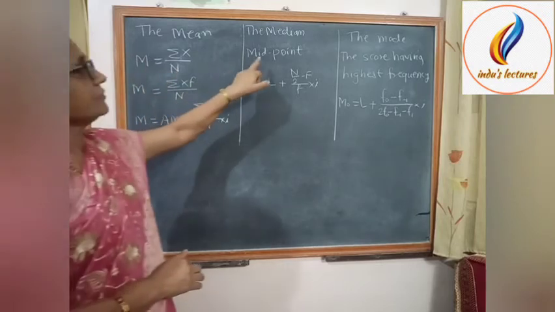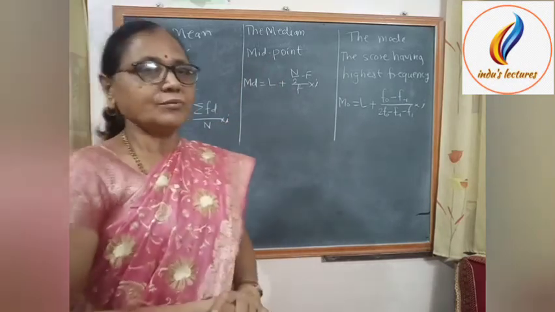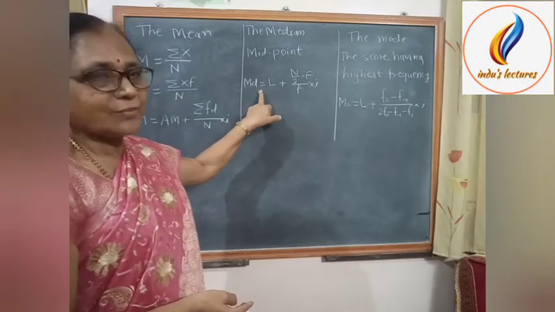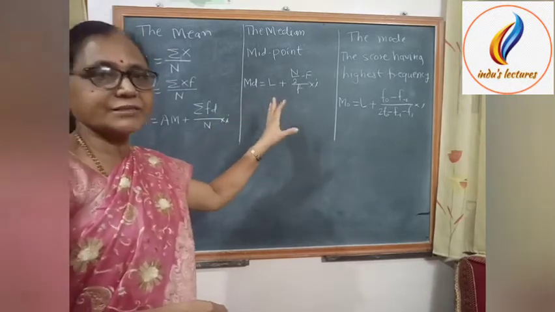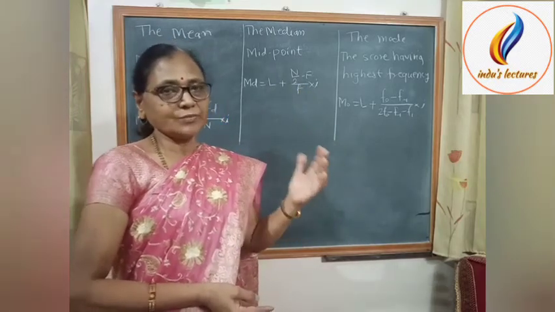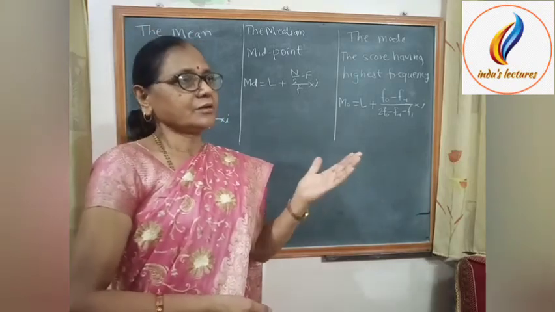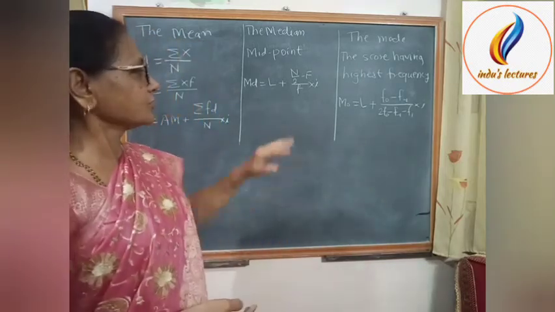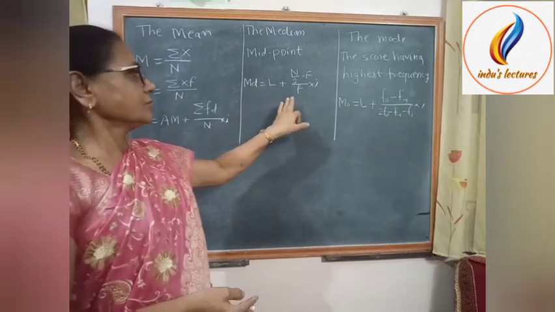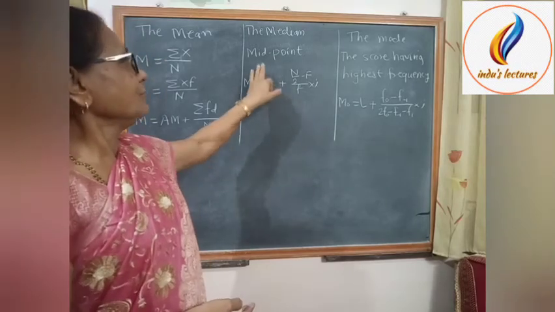But while calculating median, only the score at the midpoint is considered. The values of other scores, that means left or right of the midpoint, are not considered. That means the extreme scores do not affect the median.